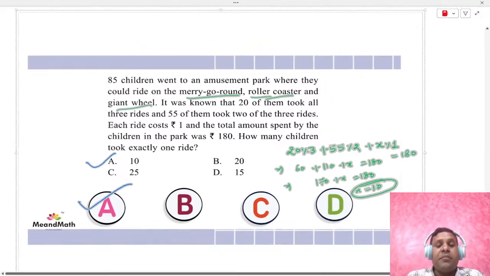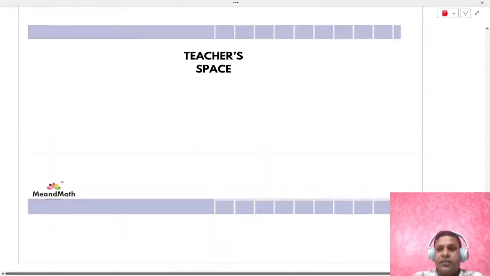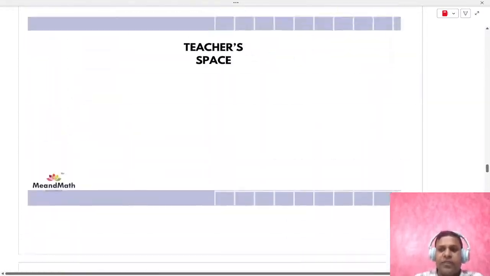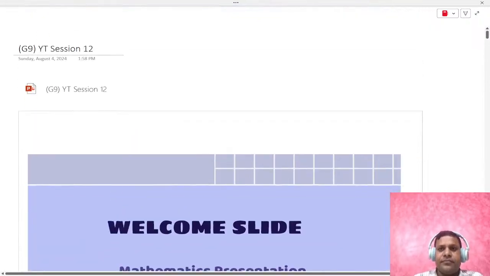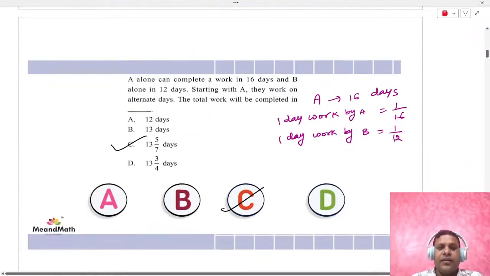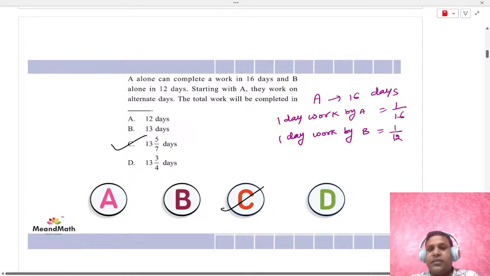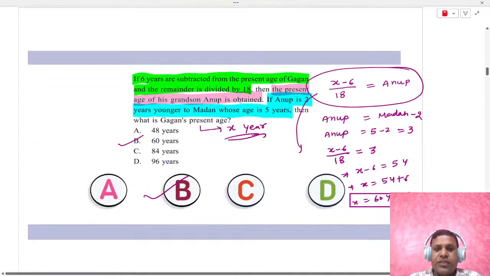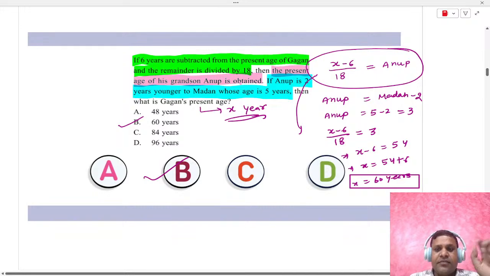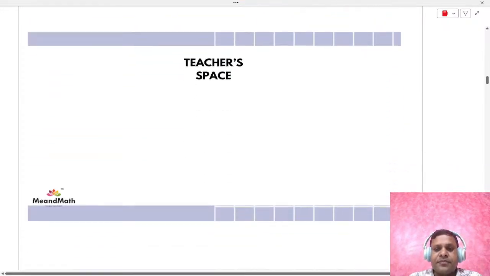तो आज के सेशन में हमने different type के questions किए हैं. Look at it from the first. This question is related to work and power, where inverse relation is followed. In the second question, the group or age related questions are there.